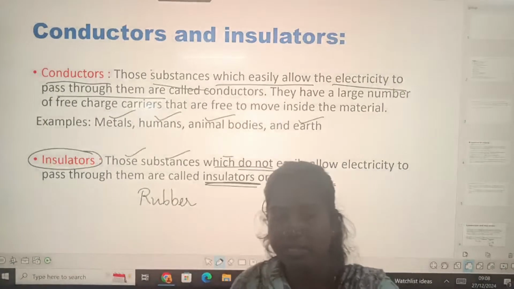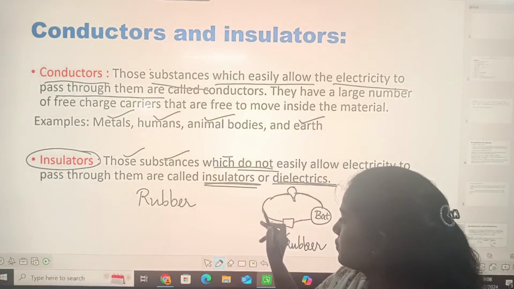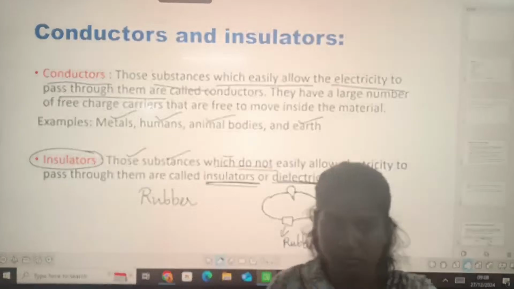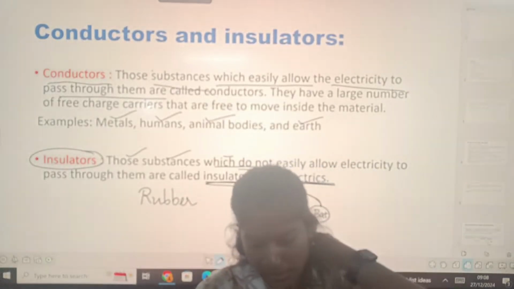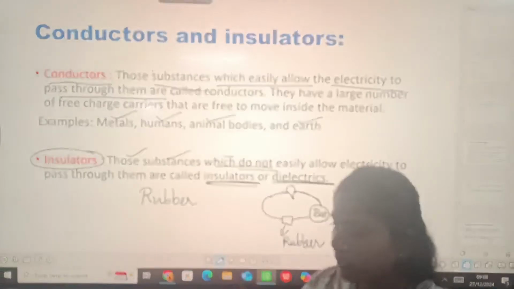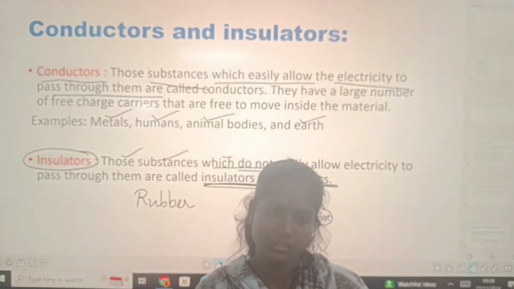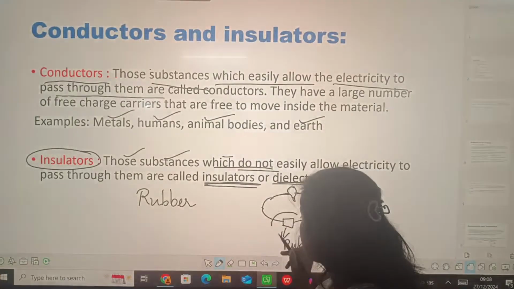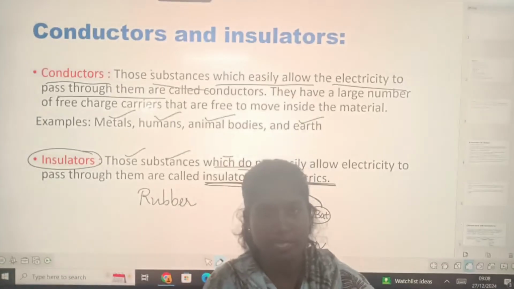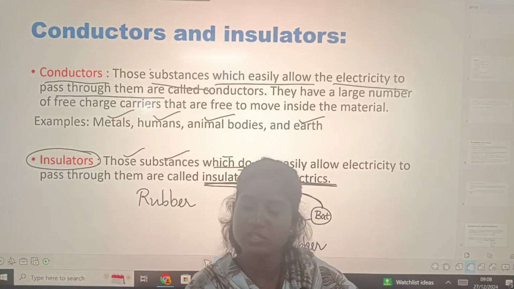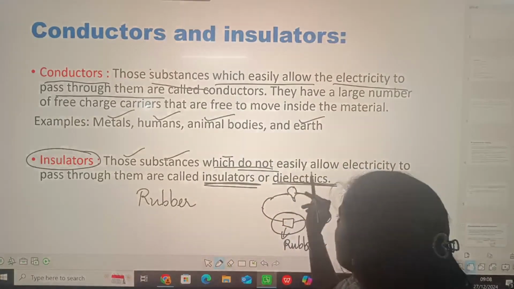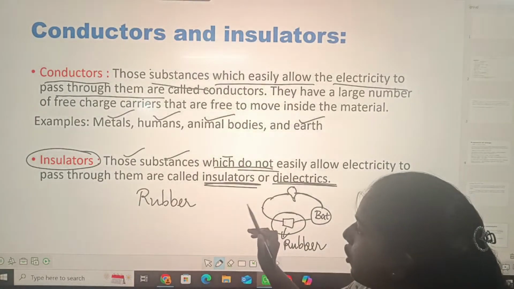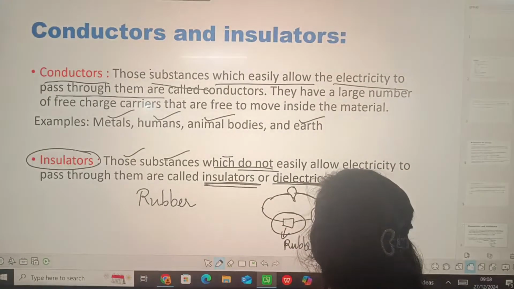If I connect it to the rubber and switch on the electricity, I mean I switch on the bulb, it will not conduct any electricity because the rubber is an insulator, that's why it will not conduct any electricity. So the substances which do not allow electricity to pass through them are called insulators or dielectrics.